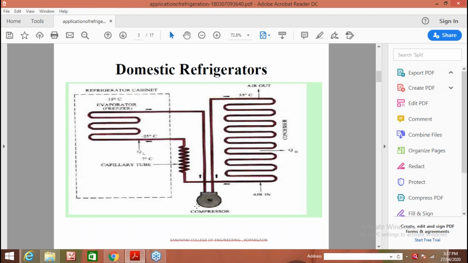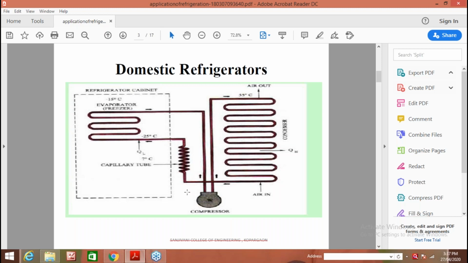Again, the compressor is generally directly connected with an electric motor. This electric motor and compressor are placed in one unit which is sealed. Okay, important thing: the compressor is directly connected with the motor, and the motor is connected to electricity.